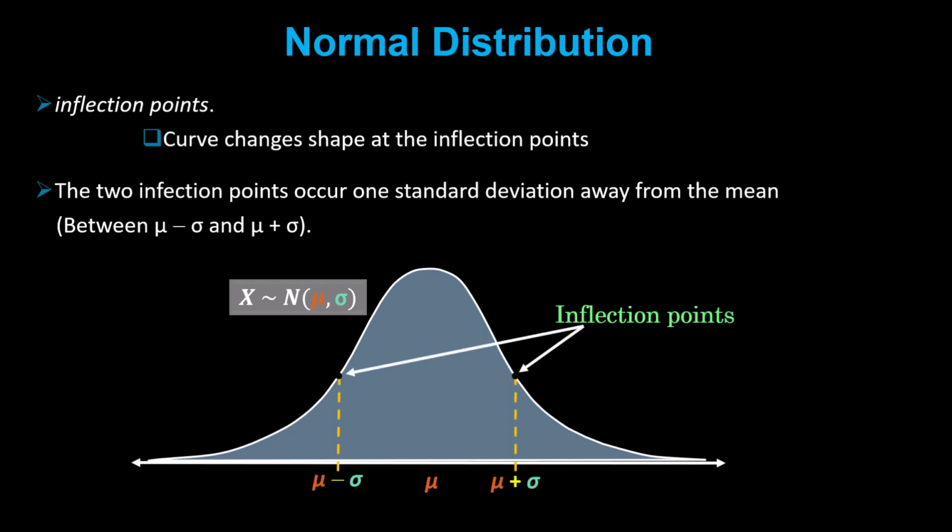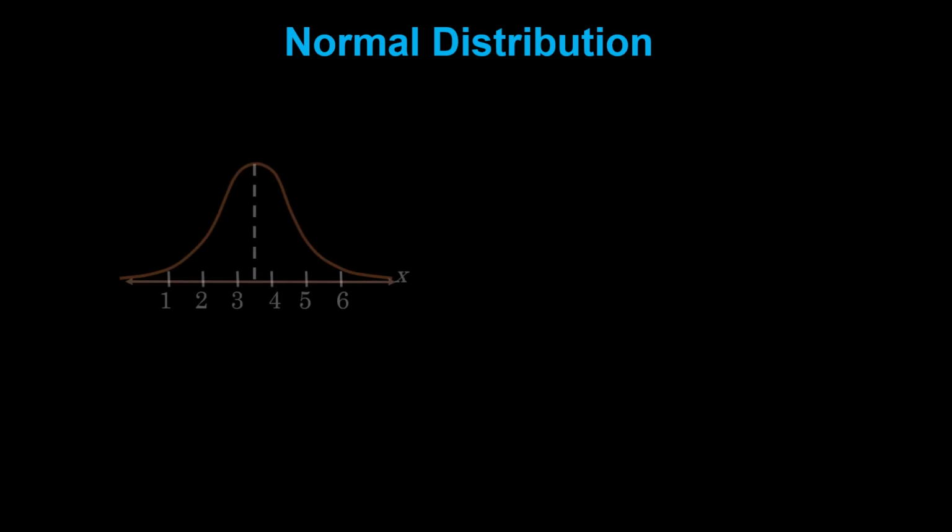According to the definition of the inflection point, you can calculate mu plus sigma and mu minus sigma, then draw the vertical lines, then the points where the vertical lines meet the curve are the inflection points. Now let me explain an example to understand this concept.